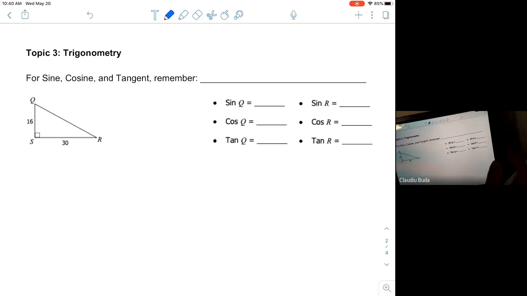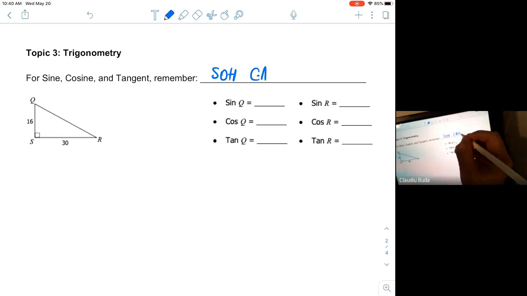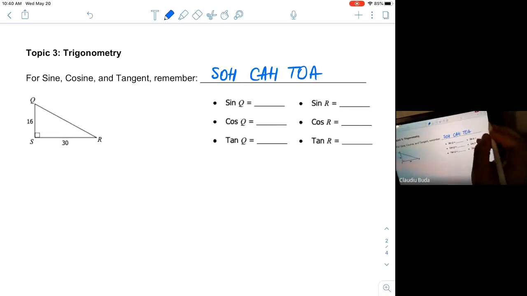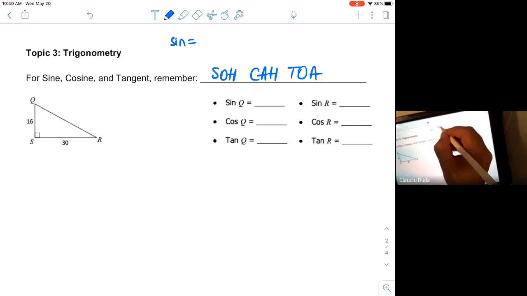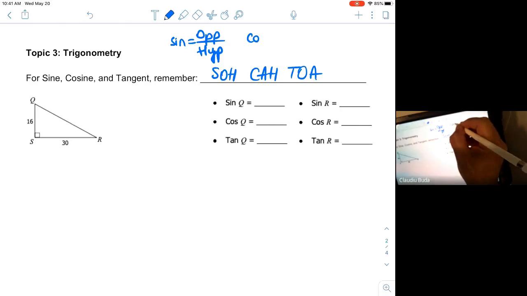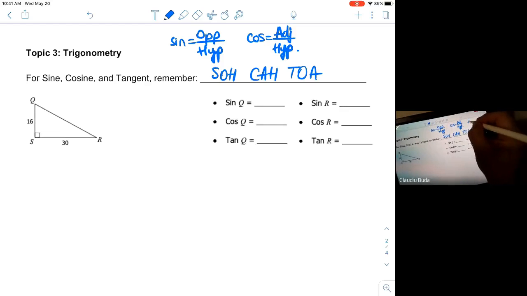When we deal with trigonometry for sine, cosine, and tangent, we've got to remember SOHCAHTOA, which means sine is equal to opposite over hypotenuse, cosine equals adjacent, the side right next to, over the hypotenuse, and tan equals opposite over the adjacent.